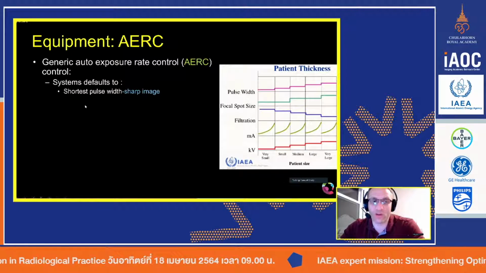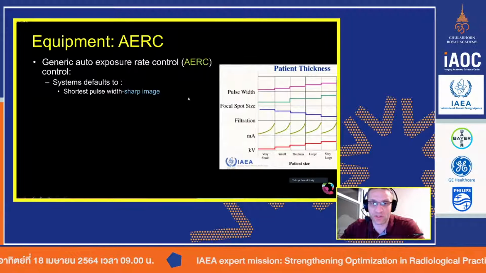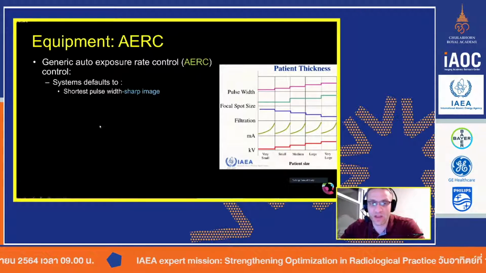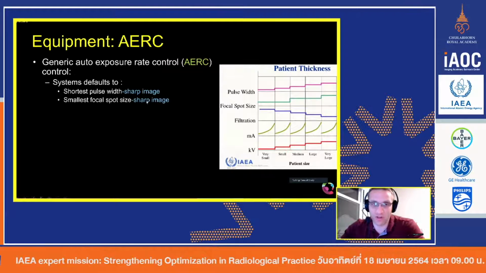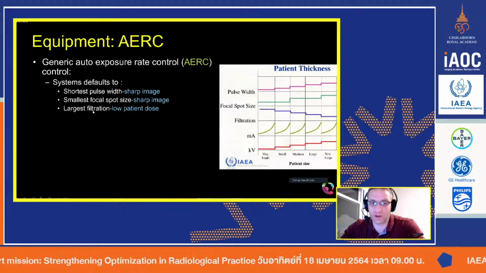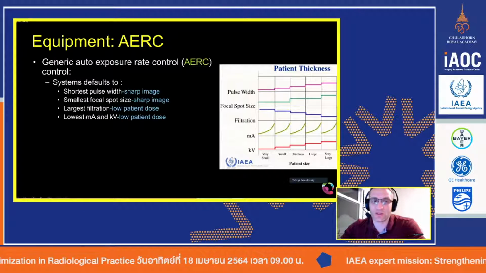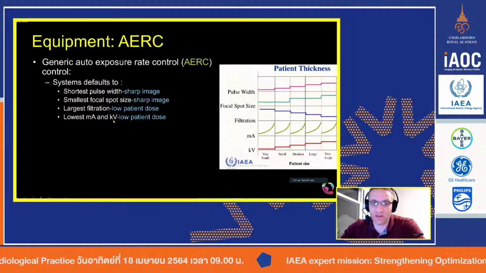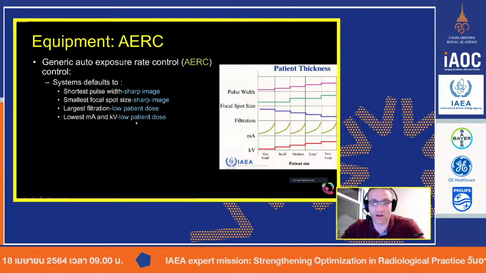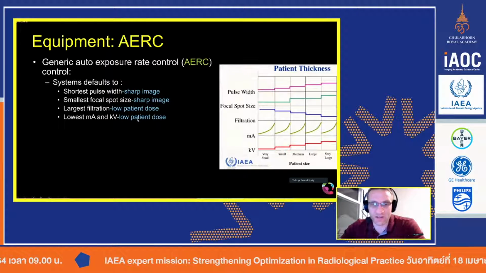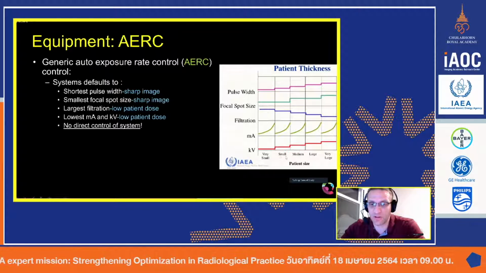The system will always try to do the shortest pulse width possible, which gives a very sharp image, the smallest focal spot size, which will give a good resolution, sharp image, the largest filter possible, which gives low patient dose, the lowest mA and the lowest kV, which is low patient dose, and I might add low kV equals high contrast. Obviously, we don't control this. It's the type of patient that we're imaging, very small to very large.